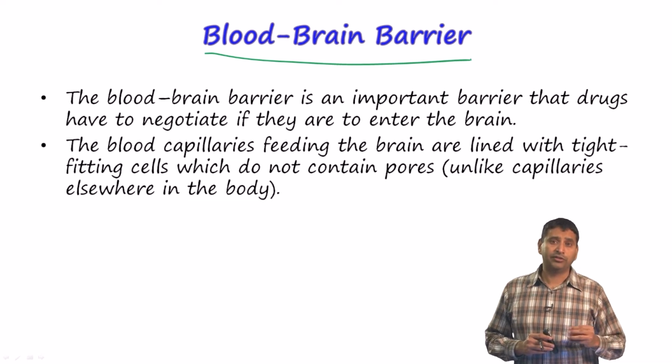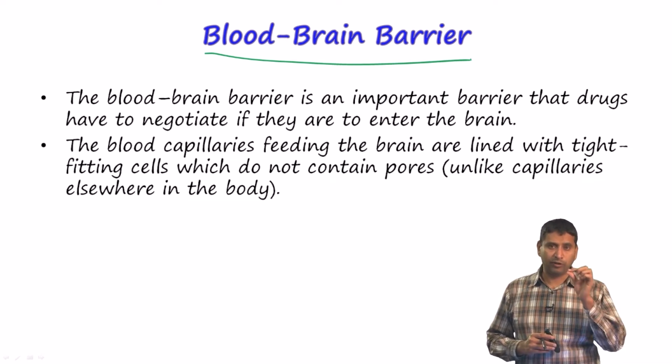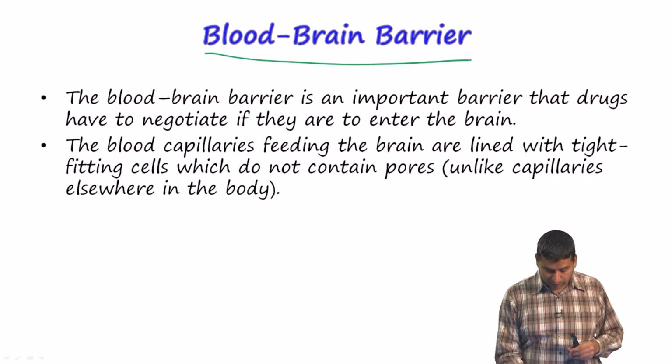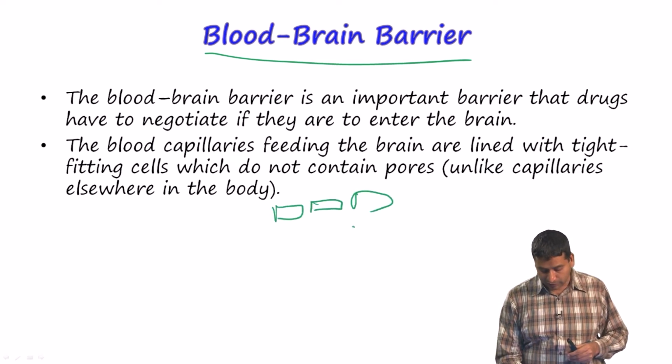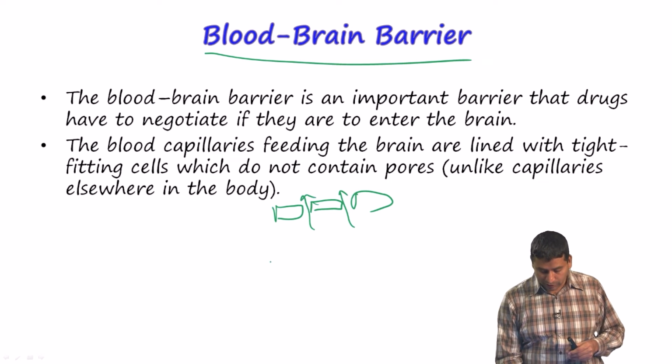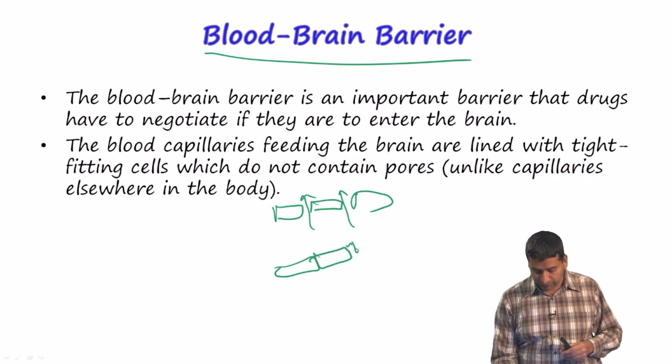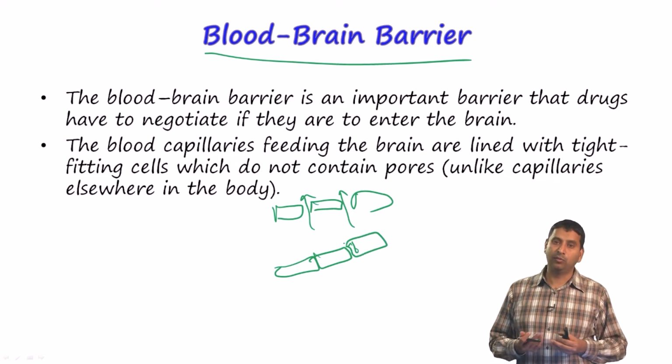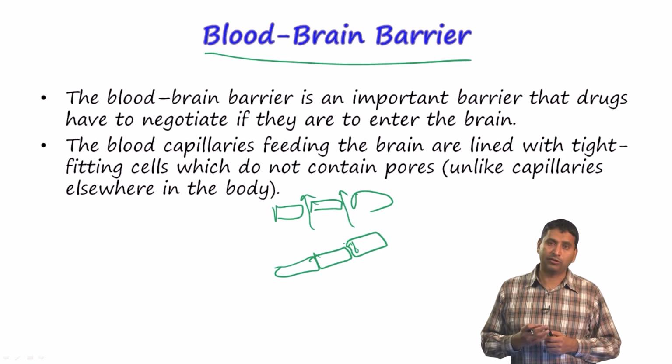The blood capillaries that feed the brain are lined with very tightly packed cells. Normally we were looking at the intestine lining cells, where there are many pores through which the drug goes, but in the brain these are very tightly packed, and therefore, there are no pores available for the drug to pass through.